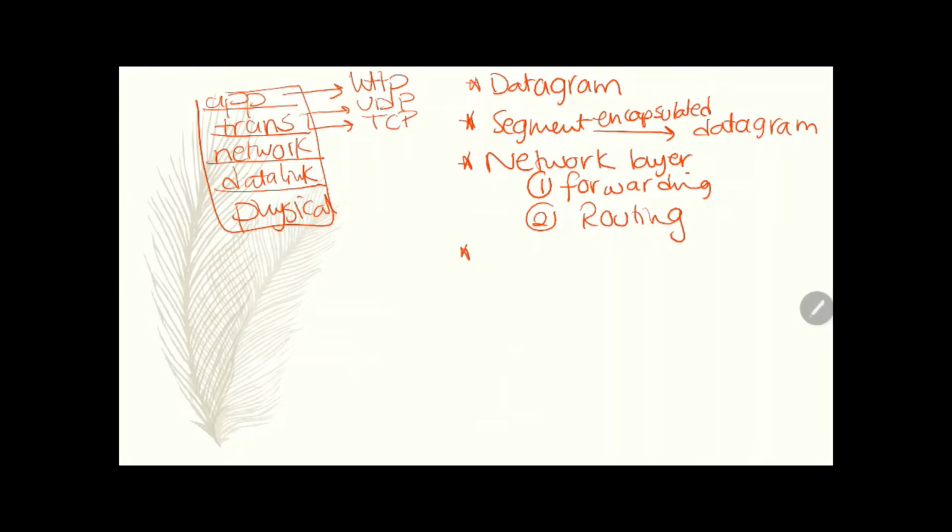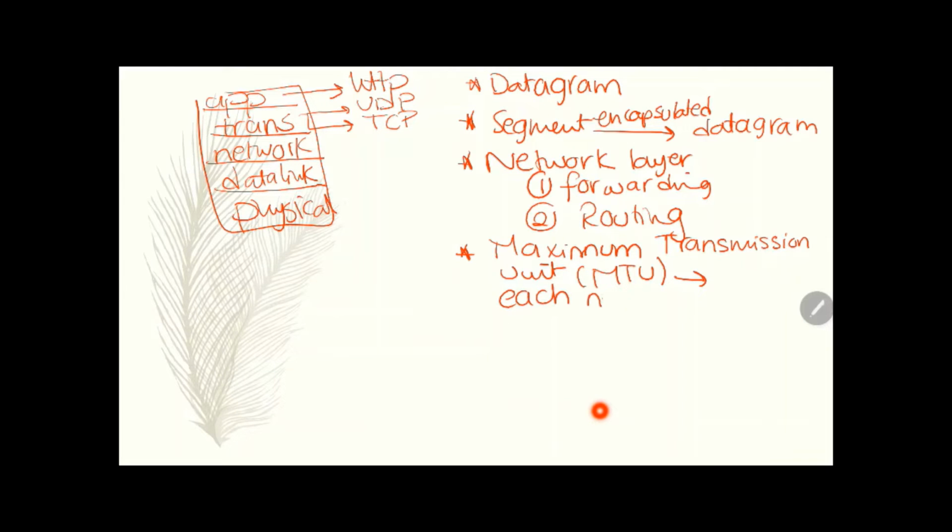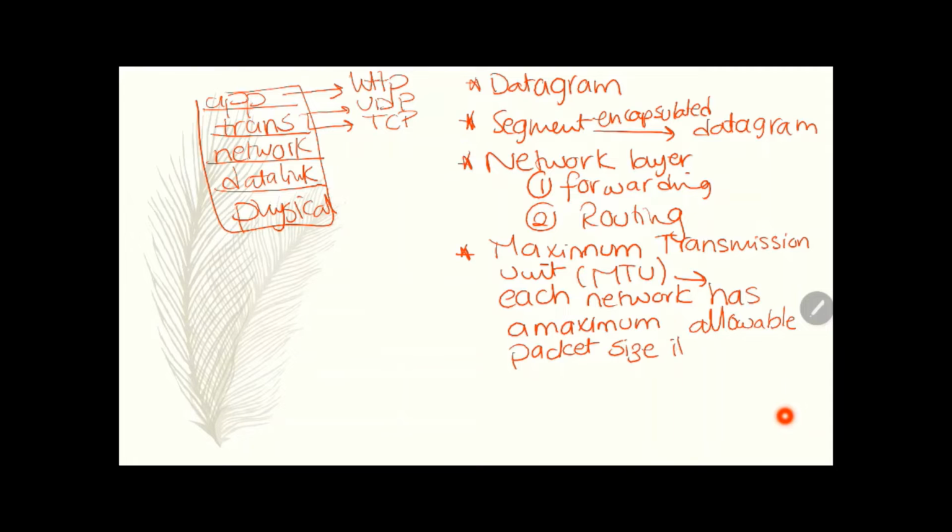Another term we'll be using is the maximum transmission unit, MTU. What is the maximum transmission unit? Each network has a maximum allowable packet size it can handle.